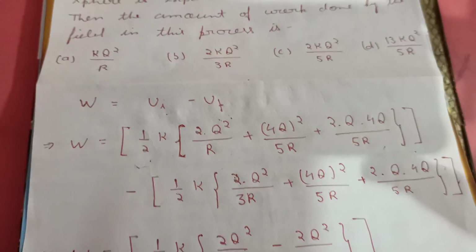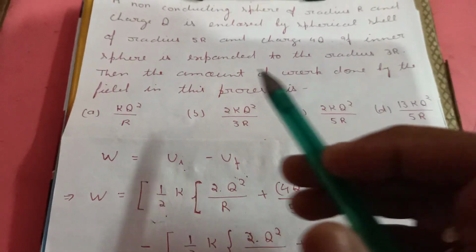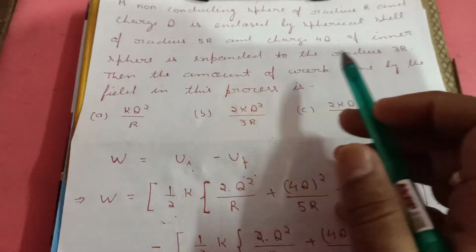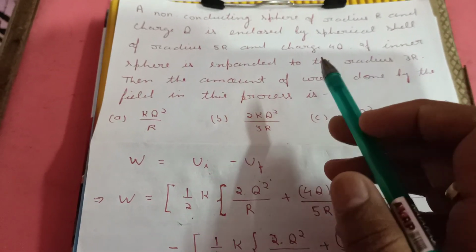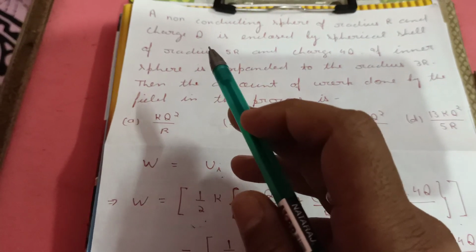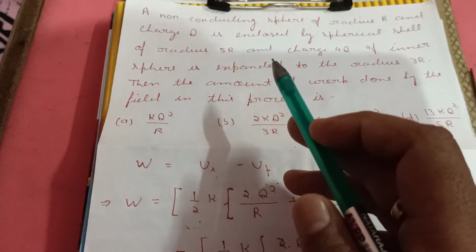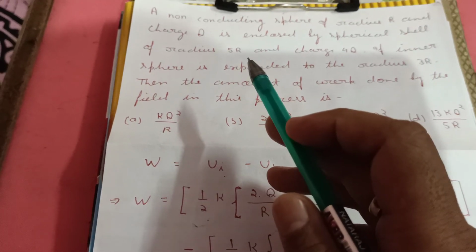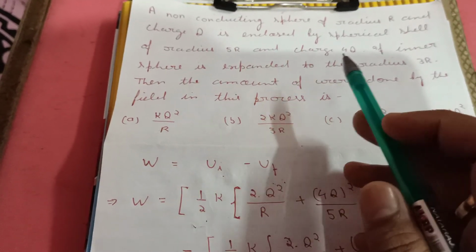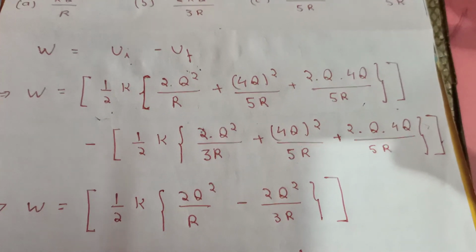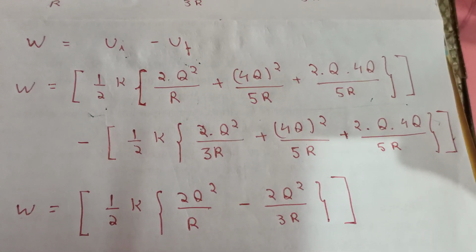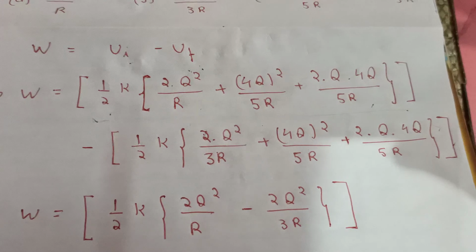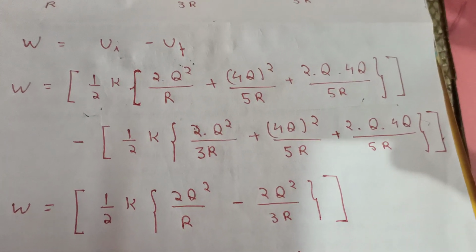And for the final potential energy, we know that the inner sphere is expanded to the radius 3r. So r1 will now become 3r and the charge will remain the same, that is capital Q. Like that r2 will be 5r because there is no change in r2, and q2 will be 4q, and we will get UF as 1 upon 2 k bracket 2q square upon 3r plus 4q whole square upon 5r plus 2q into 4q upon 5r.